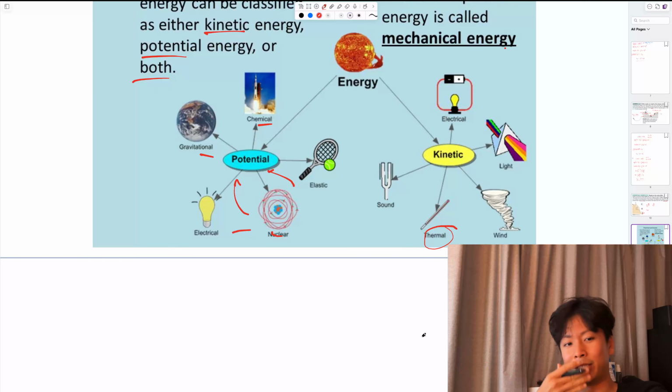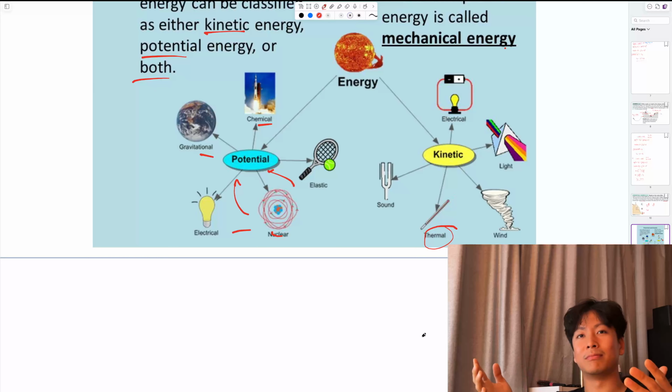Kinetic and potential energy. Another example, things like chemical potential energy, so energy stored in food or petrol and things like that. Those are considered potential because, if you think about it, with food and petrol, where does the energy come from? It comes from chemical bonds, right? And chemical bonds, if you boil it down, are essentially just electrons being trapped inside an electric potential of another molecule, right?